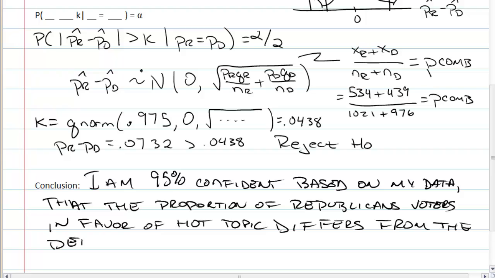So that's the context of the problem, and that's it for this lesson. That was a two-sided large sample proportion test.